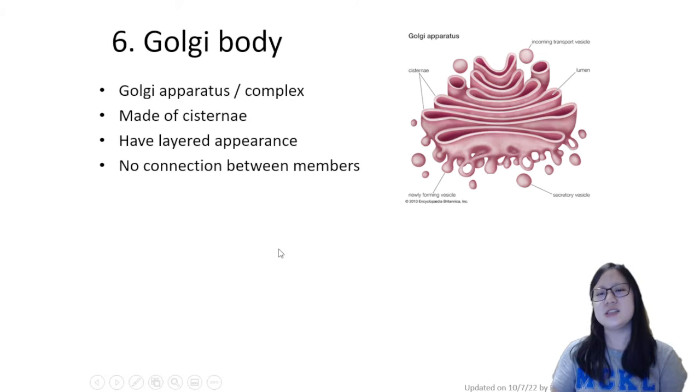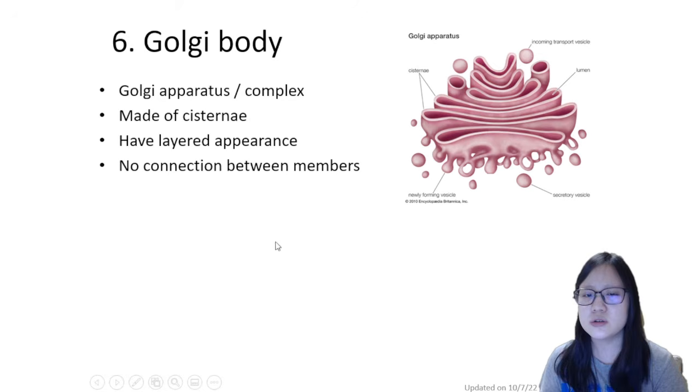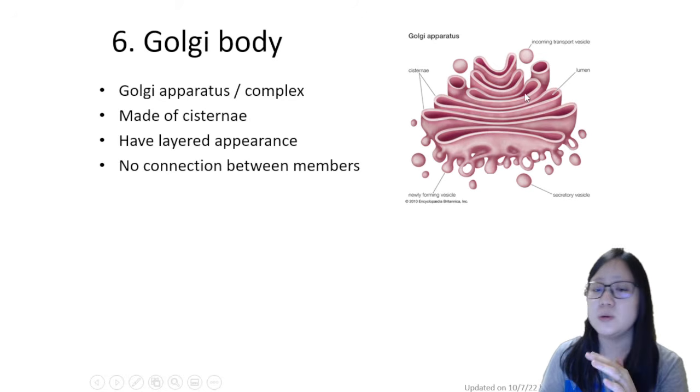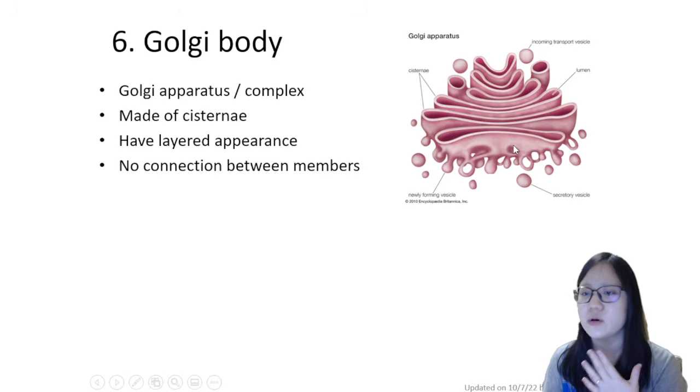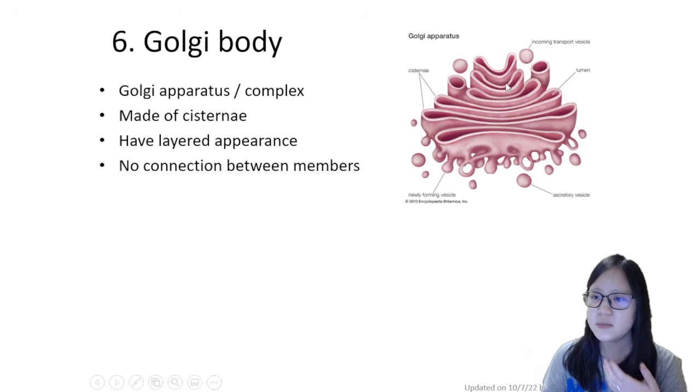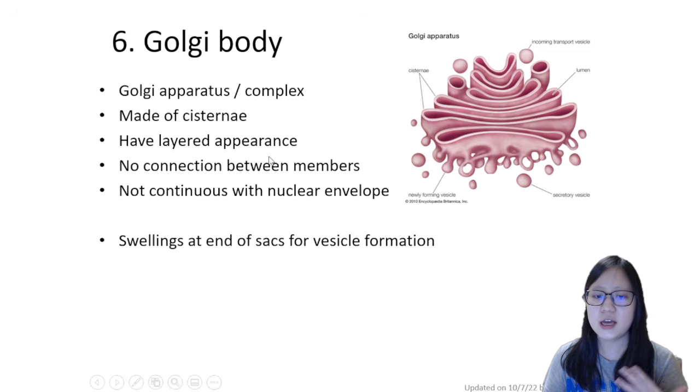Now, what is special is that there's no connection between the members of itself. So unlike the endoplasmic reticulum, these members are kind of separate-ish, and it has swellings at the end of the sacs for vesicle formation.